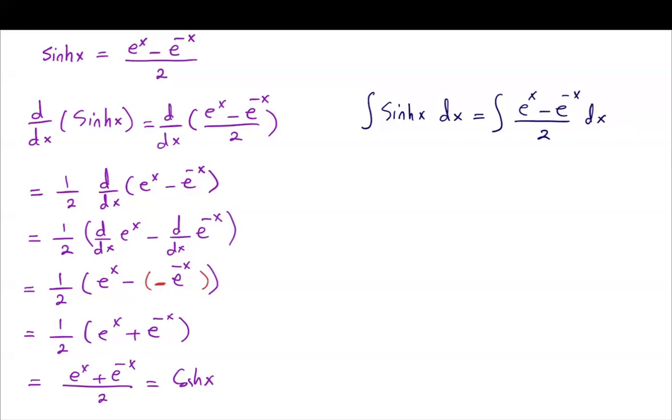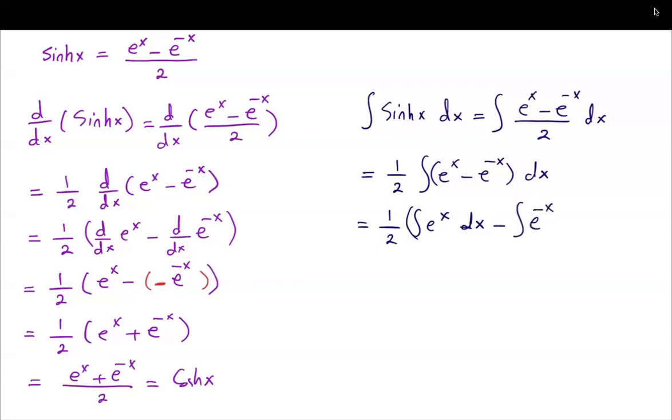As you remember, you can write down the half in front of the integral and take the integral of e to the x minus e to the power minus x dx, which in turn is equal to a half times the integral of e to the x dx minus the integral of e to the power minus x dx.